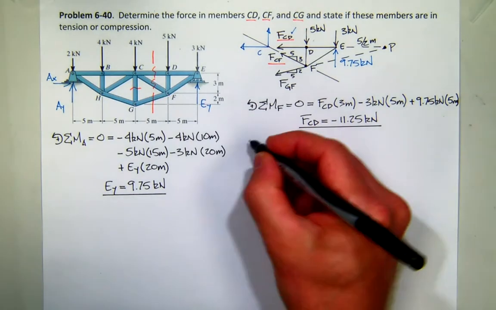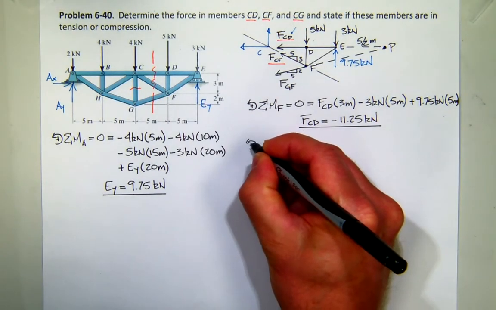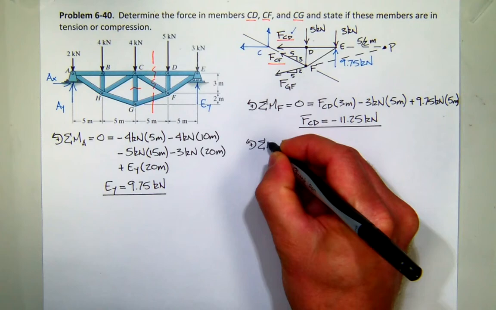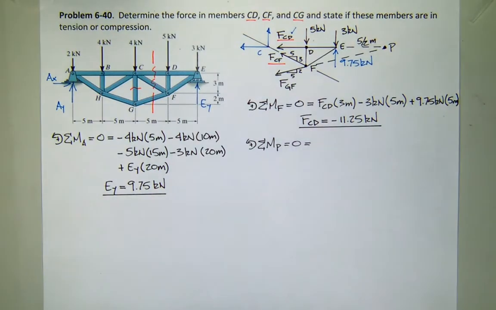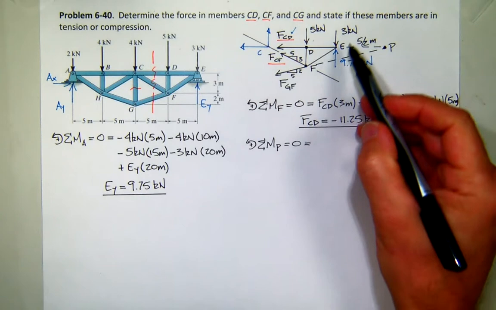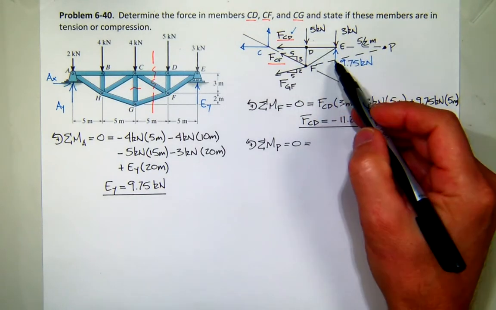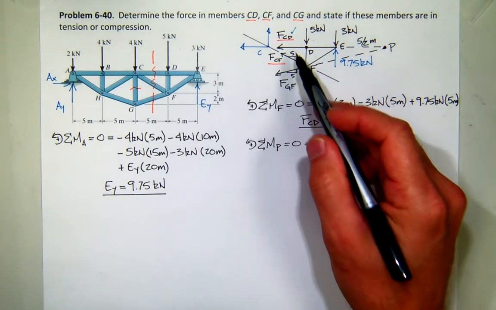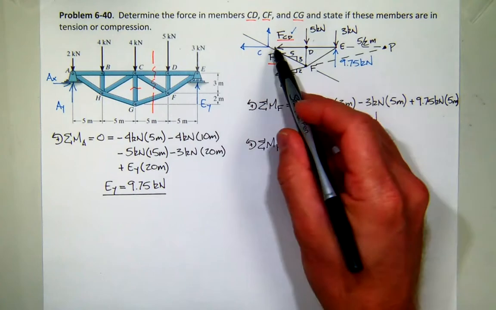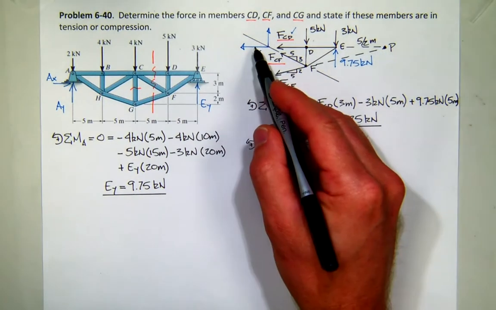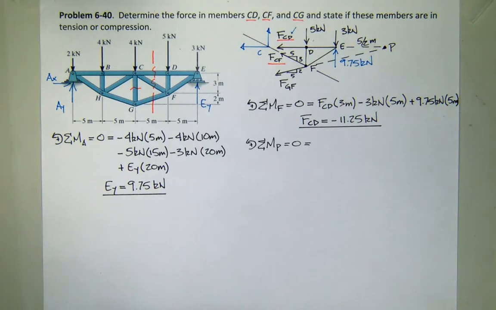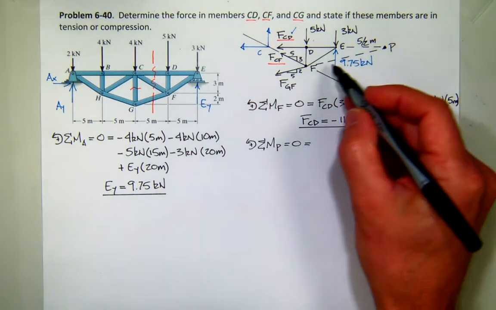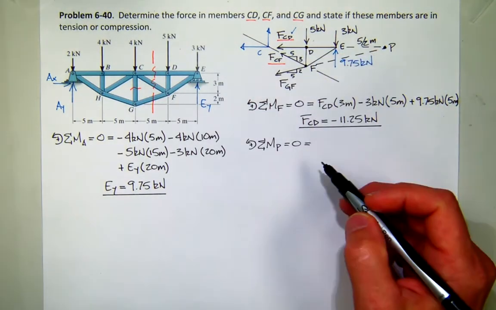So now I can sum moments about this point P. When I do that, my 3 applied forces will create moment. CD and GF create no moment, they pass through P. And all I have to do is find the Y component of CF, and I'll know that. So first I'll account for all my forces.